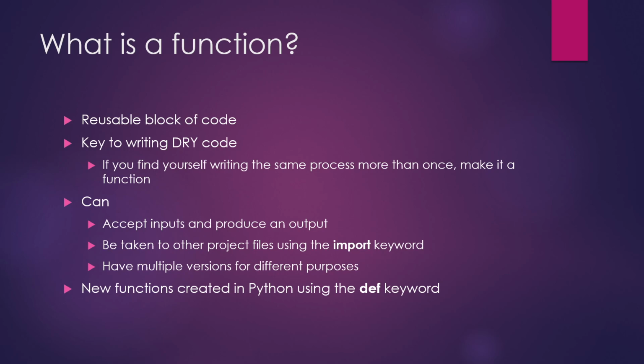Some things that functions can do for us, again, accept input and return an output. It can be taken to other project files using the import keyword, which we will cover eventually. But the import keyword is very important. And they can have multiple versions for different purposes.